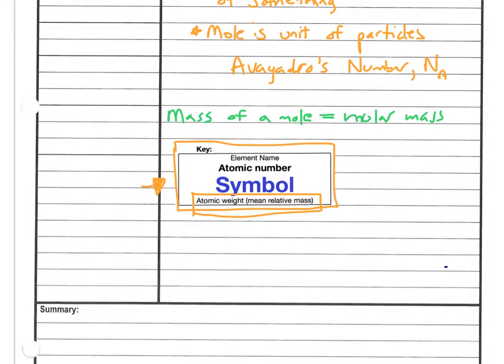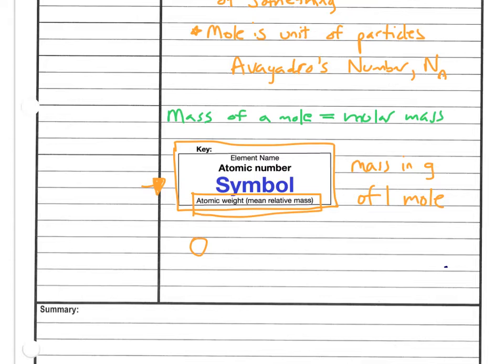So that atomic weight is actually a useful number. That tells you the mass in grams of 1 mole of something. So that right there is the molar mass.